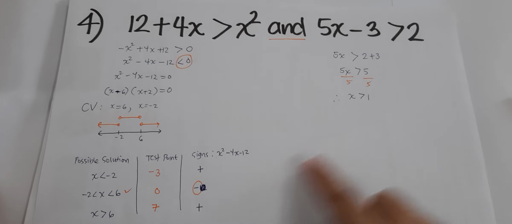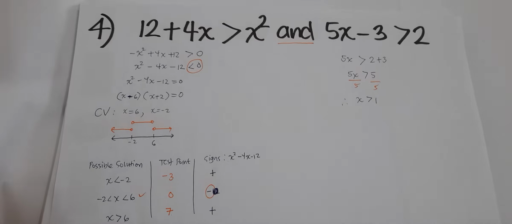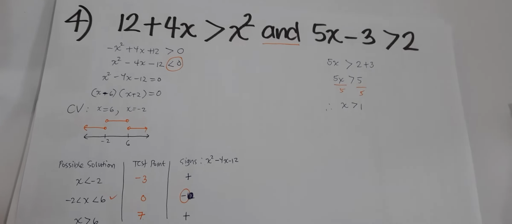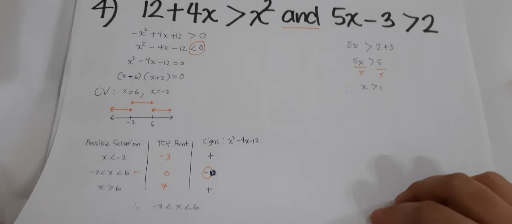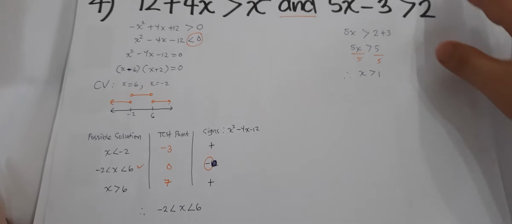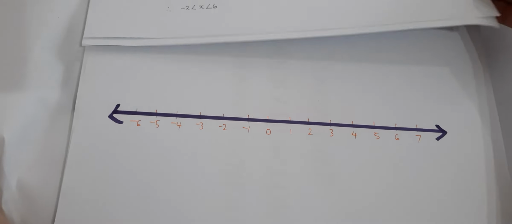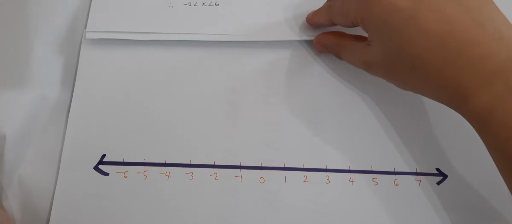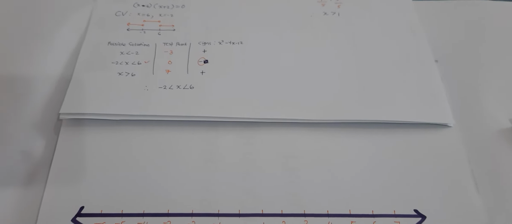Now that you have two values, you will draw it in one real number line. Okay, so what are your solutions? Take note, your solutions are from -2 to 6 and x greater than 1.